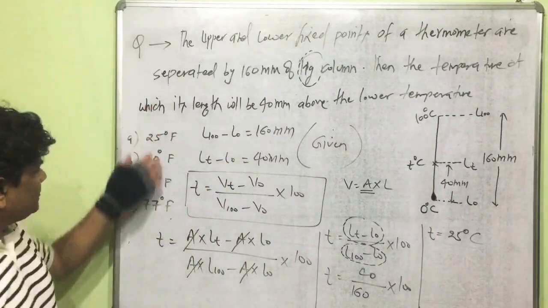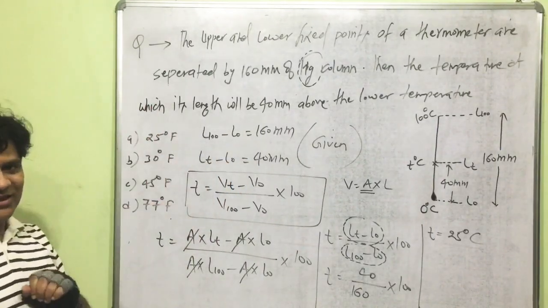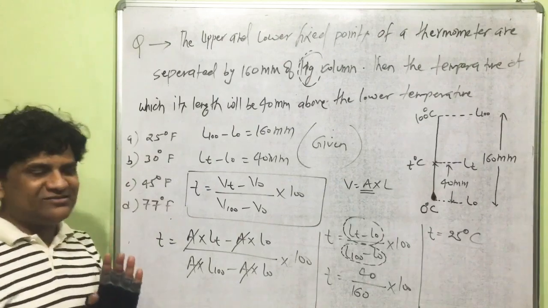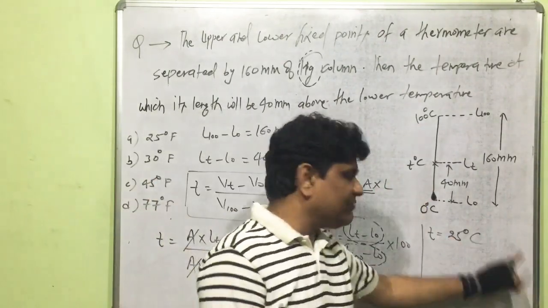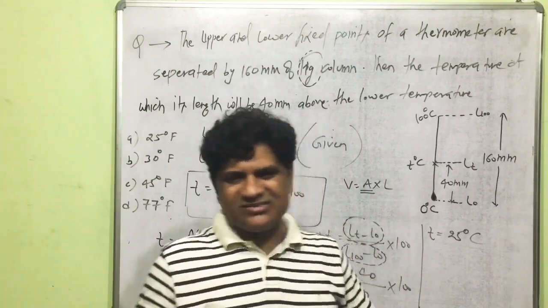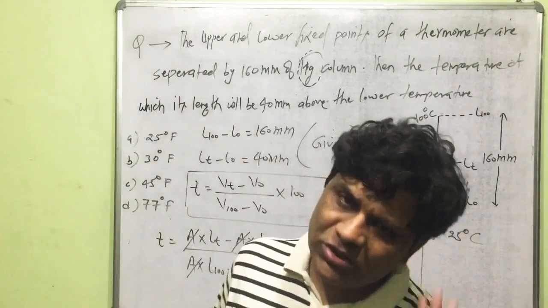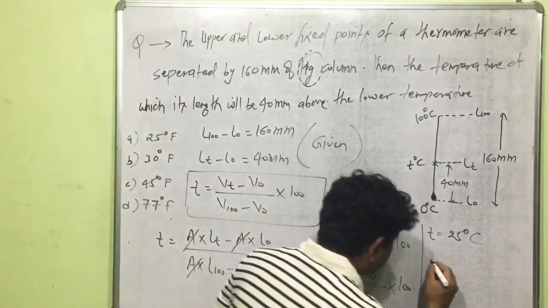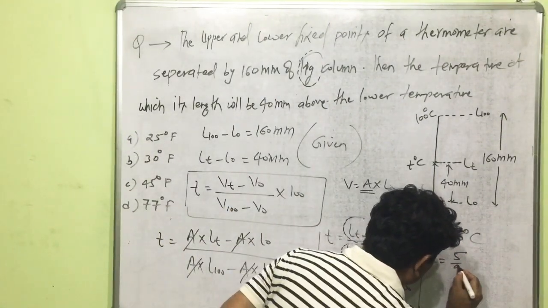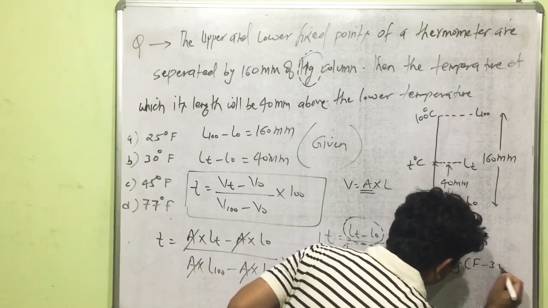But after seeing the options, there is a problem: the options are given in degree Fahrenheit, but our answer is in degree Celsius. It is simple to convert Celsius into Fahrenheit with the relation we discussed in class: C is equal to 5 by 9 of F minus 32.